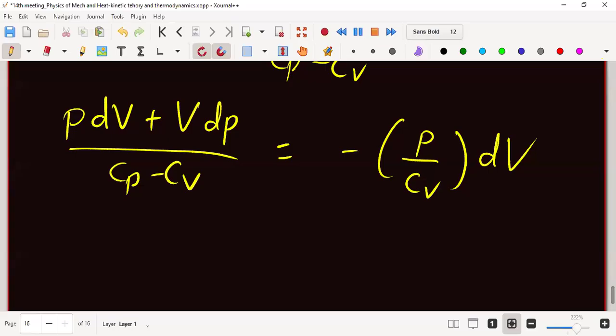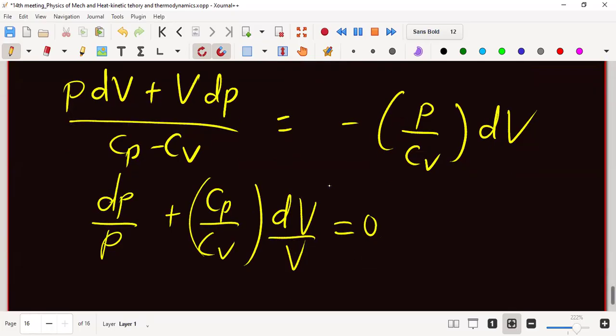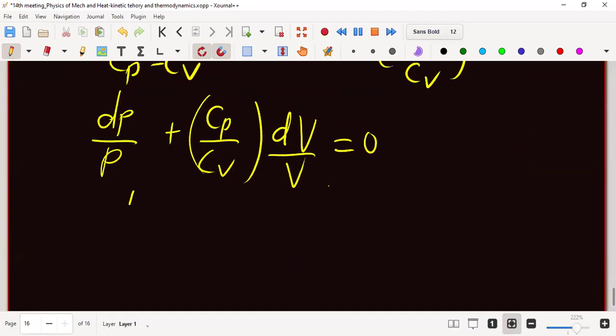And then rearrange this one. We will get that dP divided by P plus Cp over Cv, dV over V, is 0. So we can use the natural logarithm: ln P plus gamma ln V is 0.